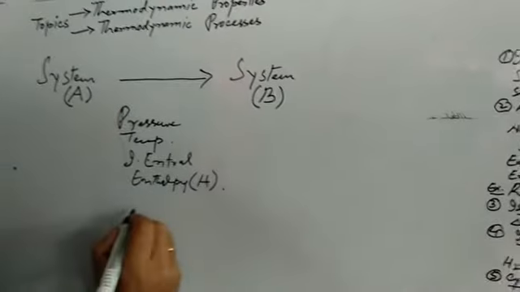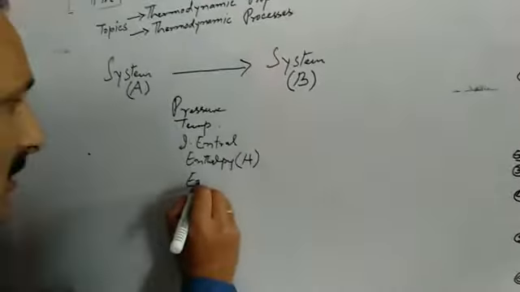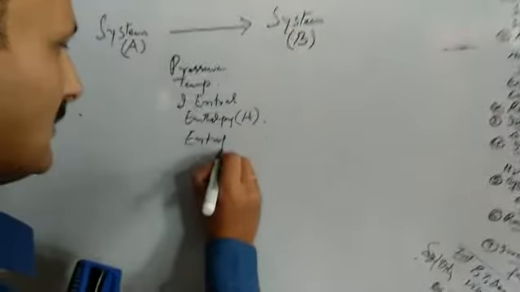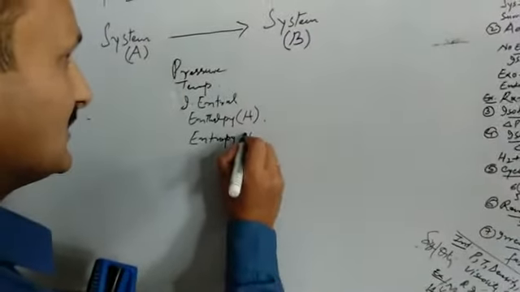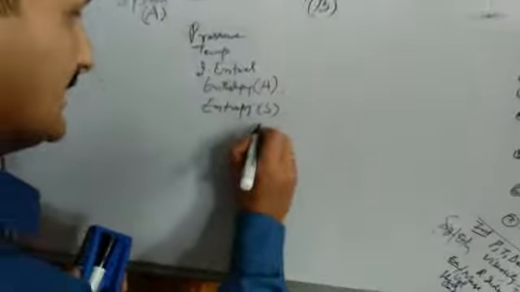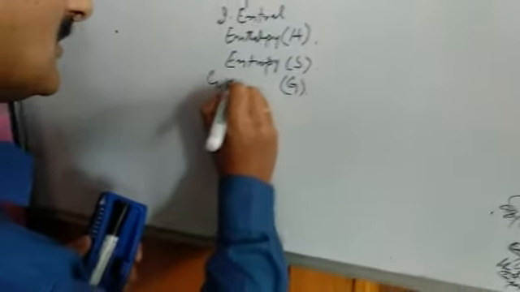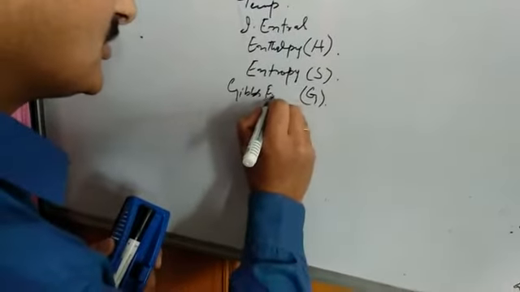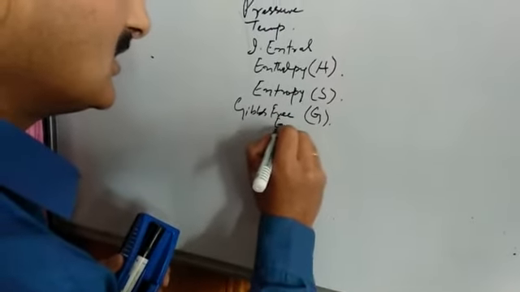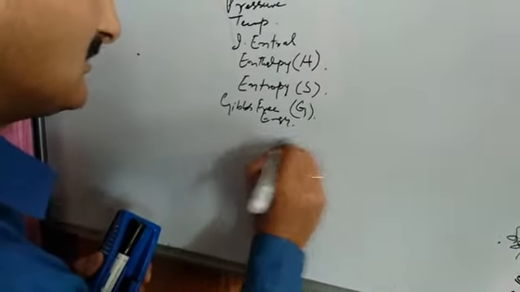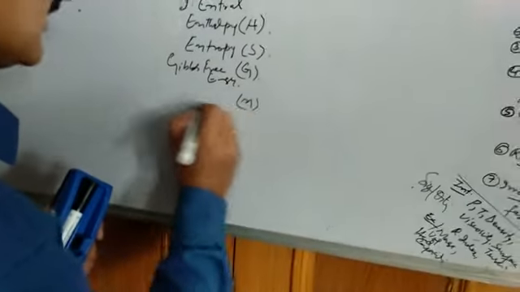Then there can be change in entropy, which is denoted by S. There can be change in Gibbs free energy, denoted by G.